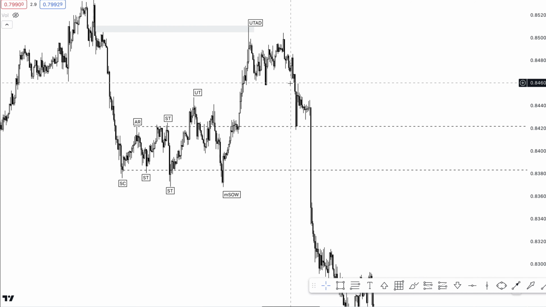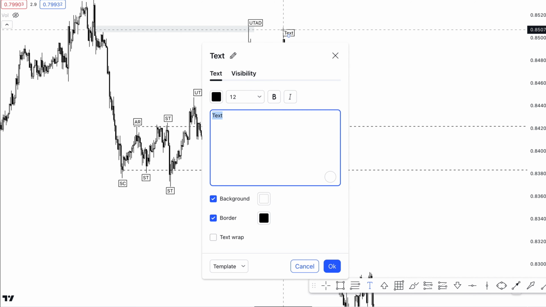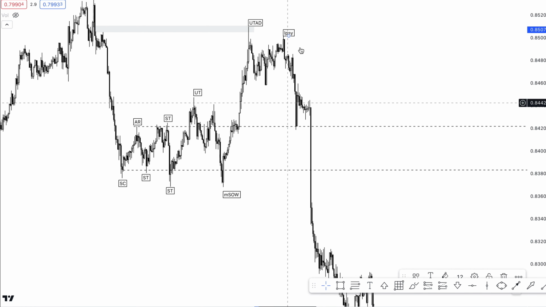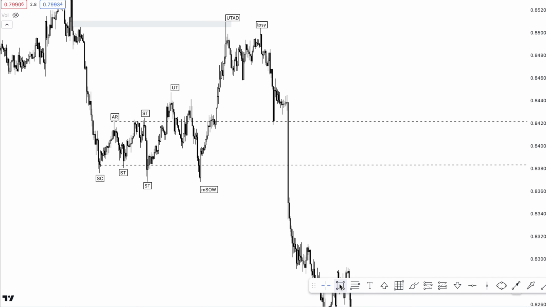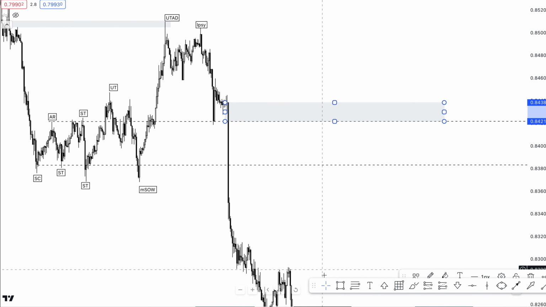So we have the UTAD, then we have LPSYs, last point of supply here. This was the last point right here in the market that we had supply. Last point of supply. And then we want trading range alignment with entries. So right there, okay, and then we had a break of structure right there on the M sell, so that's even an extra confirmation.